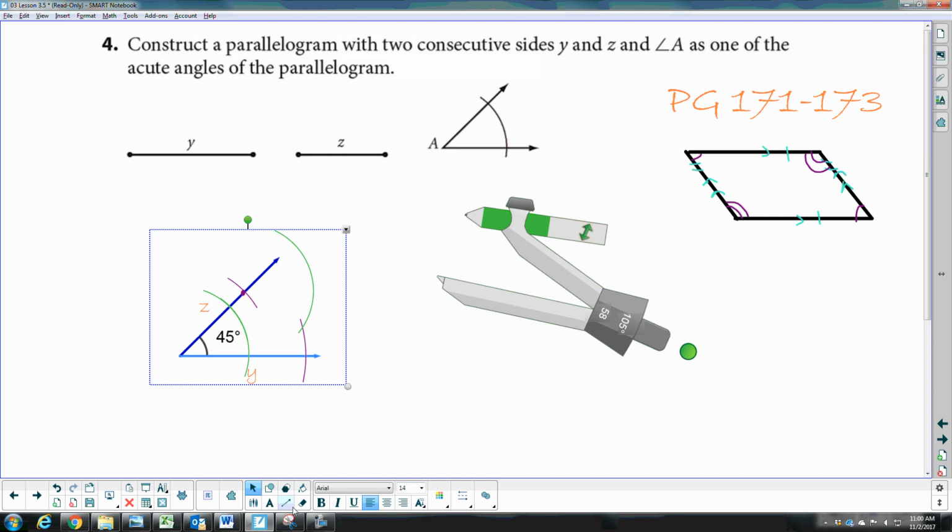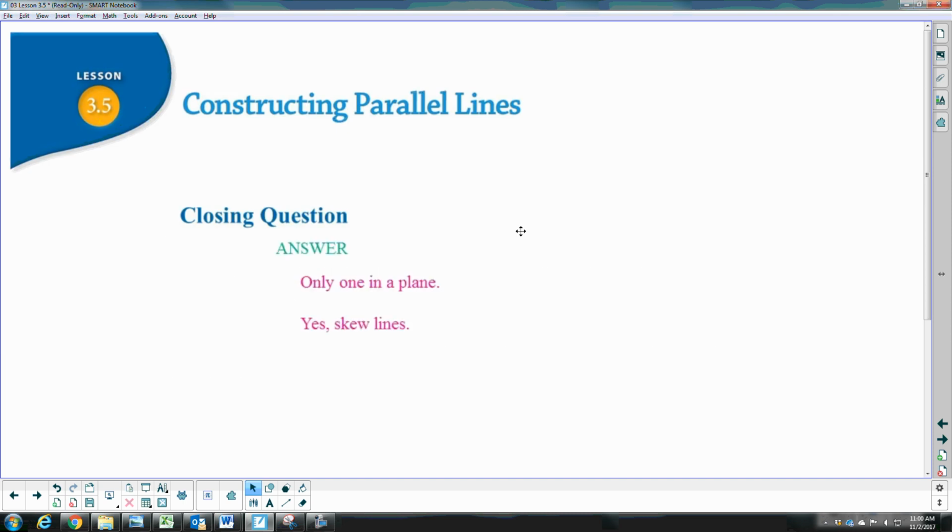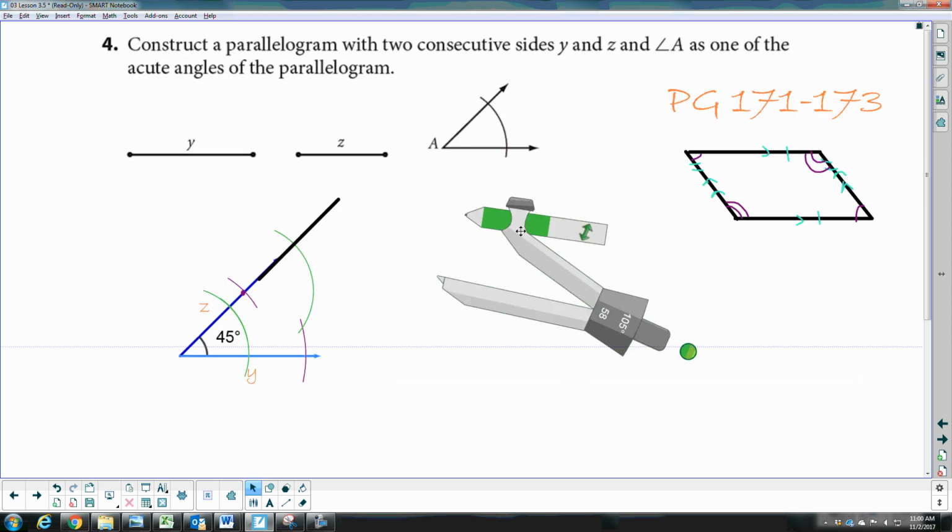So use your straight edge to extend your segment if you have to, so that it actually intersects with your arc. I'm going to have to make mine a little bit thinner.